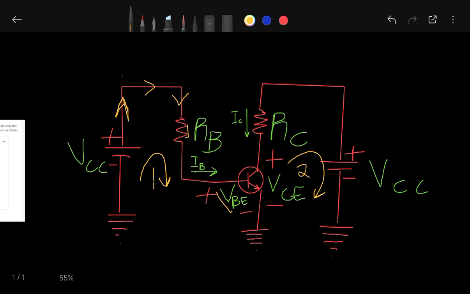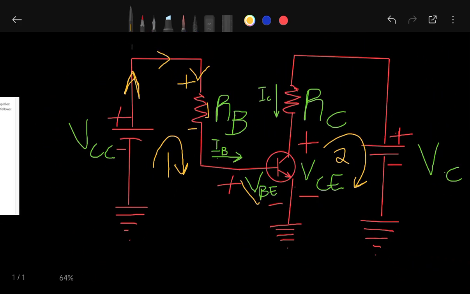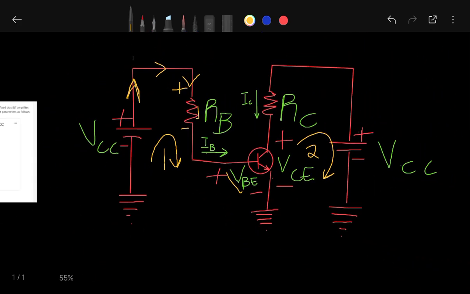Since the current flows in this direction, we're going to have positive here and negative here. The same applies here: the current flows this way, so we have positive here, negative here.